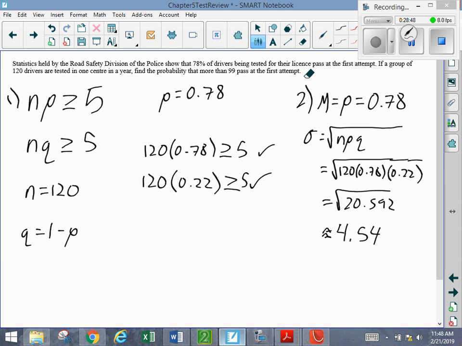Alright, the probability that more than 99 pass the first attempt, now we can use our normal distribution, right? So in order to calculate that for part 3, we can just go normal CDF. My lower bound, we want more than 99, so my lower bound is 99. My upper bound is something like infinity. My mean we'll put as 0.78. And my standard deviation will be 4.5. Sorry, I'm running out of room.